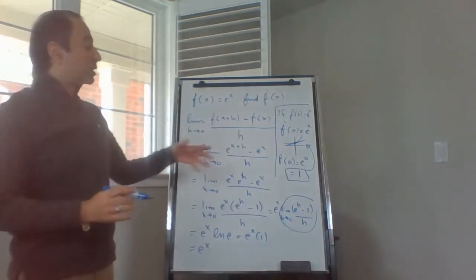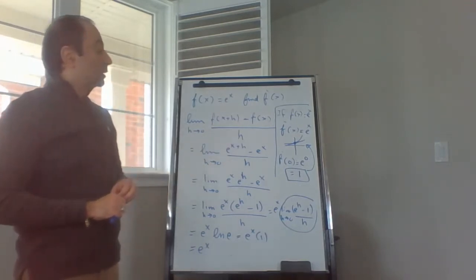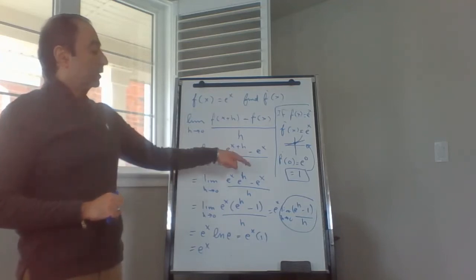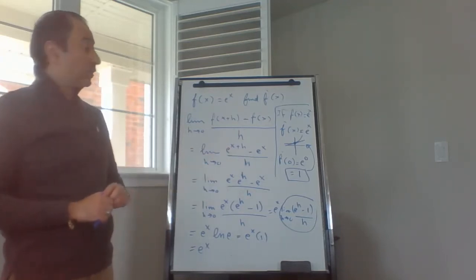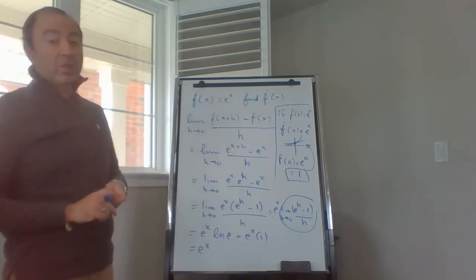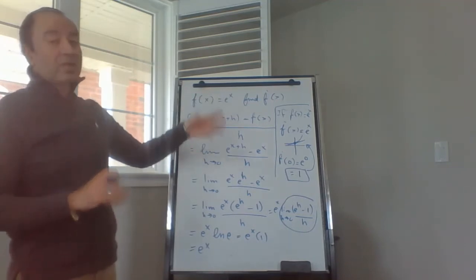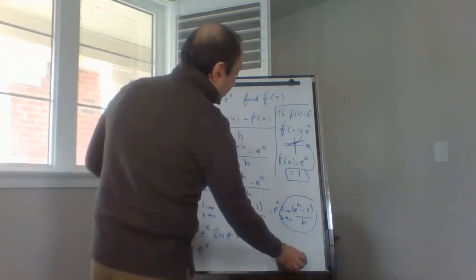Okay, see how things are linked together? This is the thing I want to tell you: the derivative of f of x equals e to the power of x. So the derivative of e to the power of x is the same function, e to the power of x.